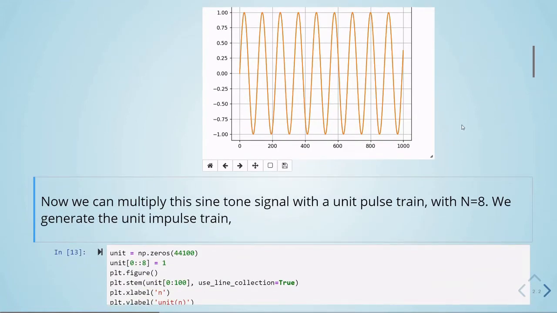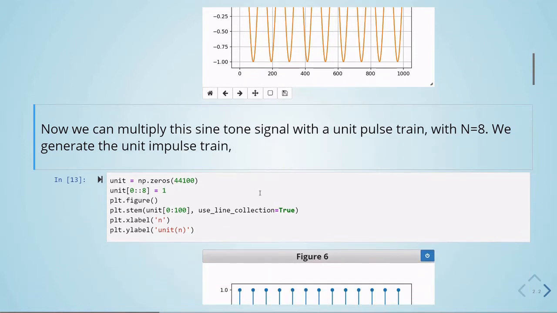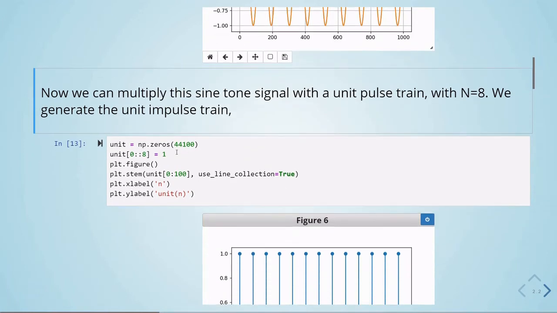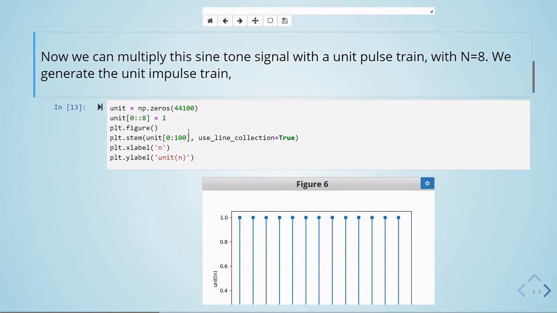Now what we can do is multiply this sine tone signal with a unit pulse train. In this case we are going to use a factor of n equals 8. So here we are generating the unit pulse train. First I'm defining an array full of zeros, and then I'm inserting a 1 at every n equal to 8, so the multiples of 8.